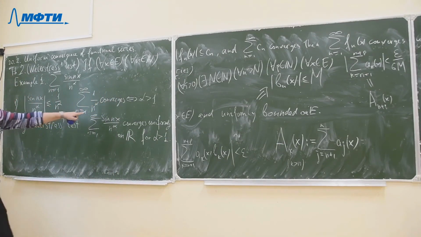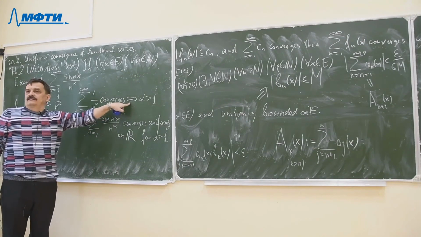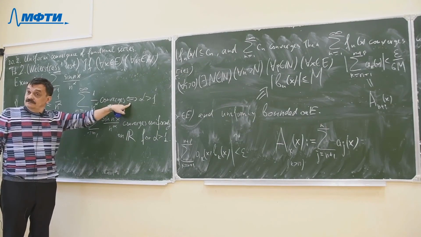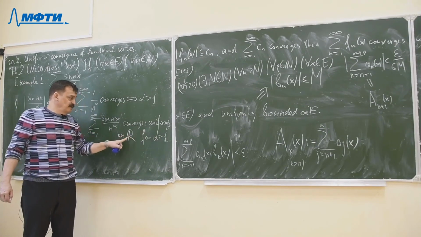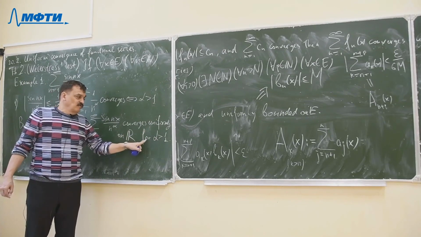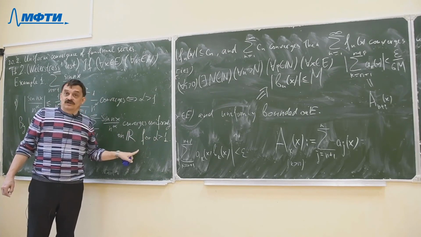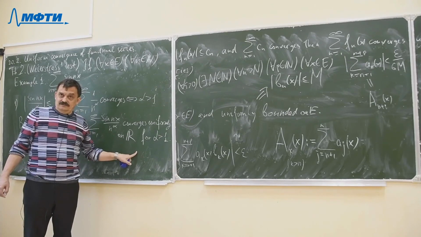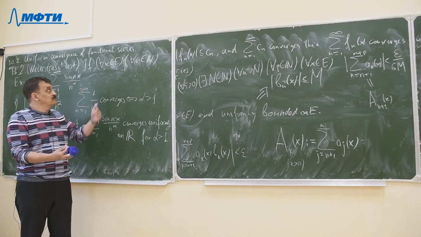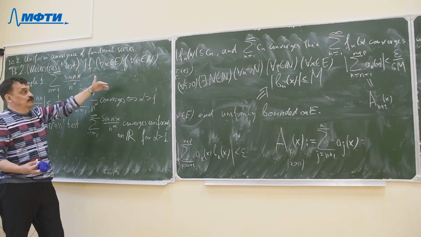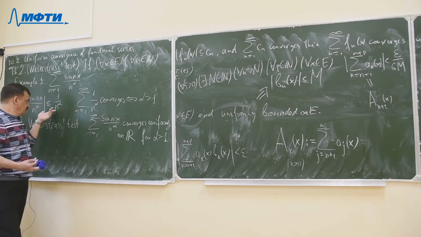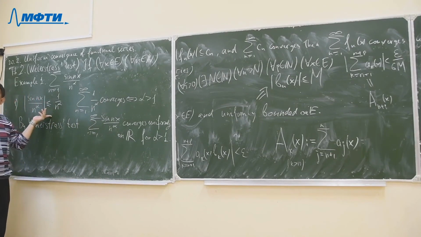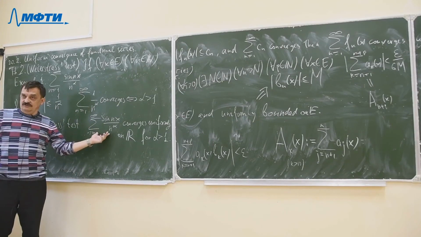Look, here it's equivalent, right? But I didn't write converges uniformly on R for alpha greater than 1 only. Why? Because of how Weierstrass test works. If the series converges, and we estimate it like that, right? Then the series converges uniformly.